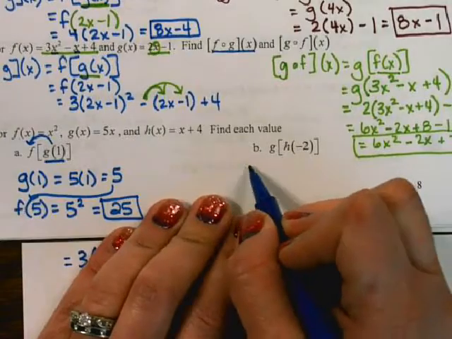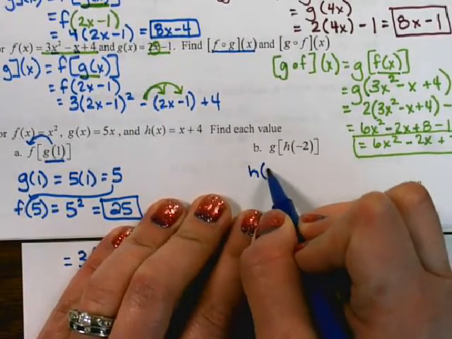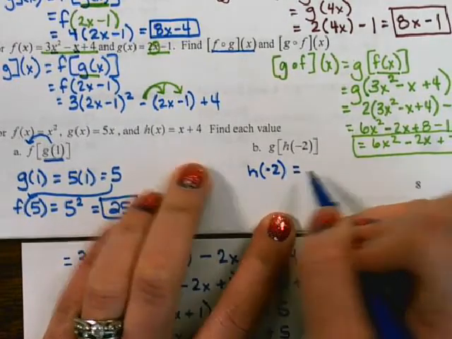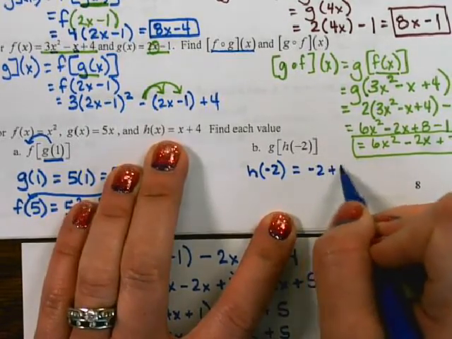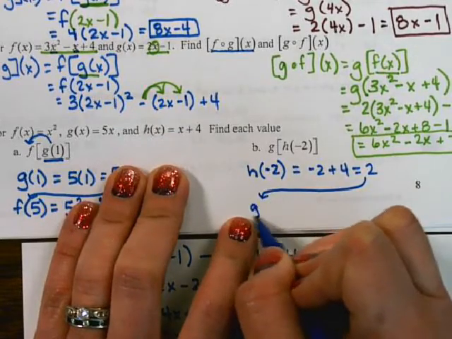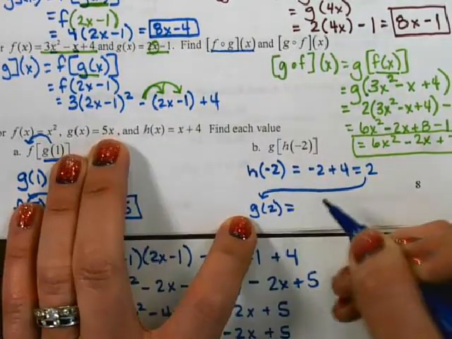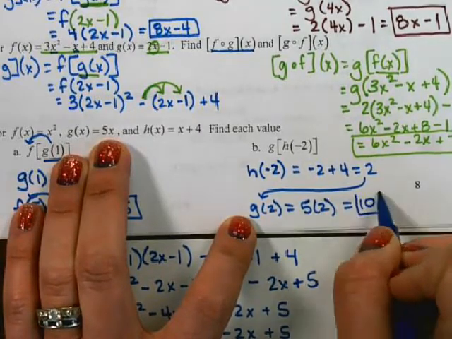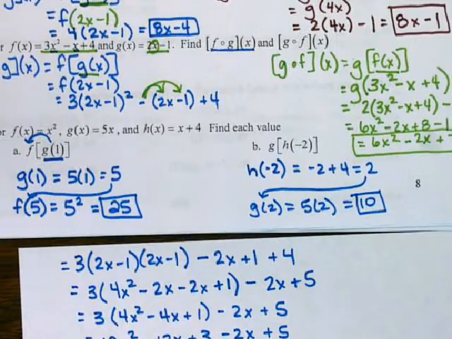Okay, most of you got it. The ones I checked or saw got it. I'm going to plug negative 2 into my h function. So negative 2 plus 4 is positive 2. Now I'm going to plug 2 into my g function. 5 times 2 is 10. Sound good? Questions?